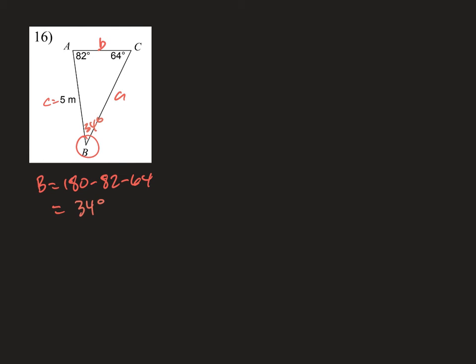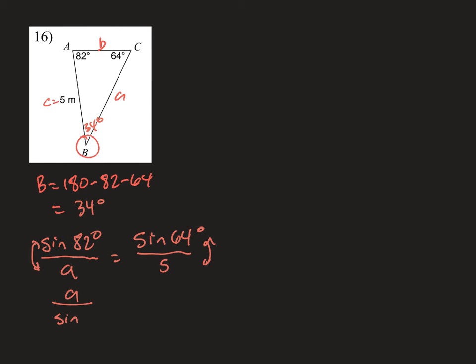Now you just have to decide if you want to get side A or side B. Let's just go for side A. To get side A, we're going to do the sine of angle A, which is 82 degrees, over letter A, equals the sine of 64 degrees, because that's angle C, over side C, which is 5. I'm going to do the switcheroo on this, so that I have A over sine of 82 equals 5 over sine of 64.